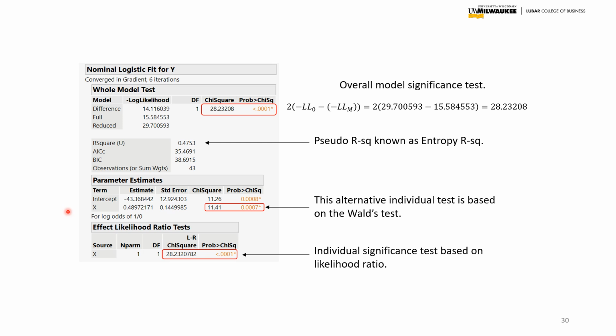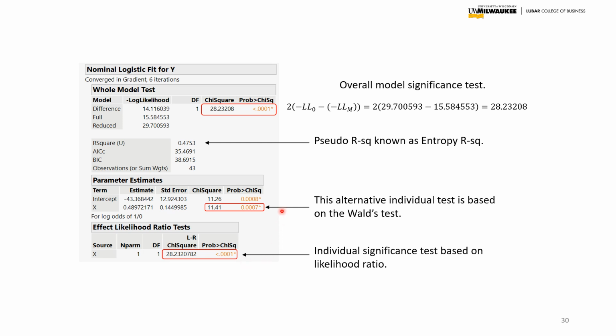We see below here tests individually for the x variable in consideration. Namely, this would be testing beta 1 equaling 0, but this is done through the Wald test, which is slightly different than the likelihood ratio test done above here. And we can see that because the p-value is not quite the same. Actually, the value for the p-value up here is the same as this individual test down here.